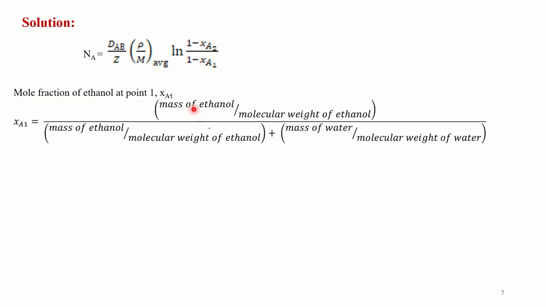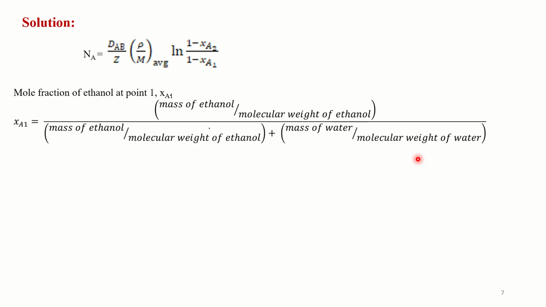So I have written XA1 formula as moles of ethanol divided by total moles. Total moles is moles of ethanol plus moles of water. Moles I have written in the form of mass divided by molecular weight: mass of ethanol by molecular weight of ethanol, whole thing divided by mass of ethanol by molecular weight of ethanol plus mass of water by molecular weight of water.